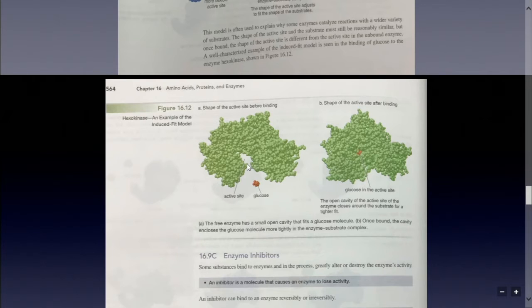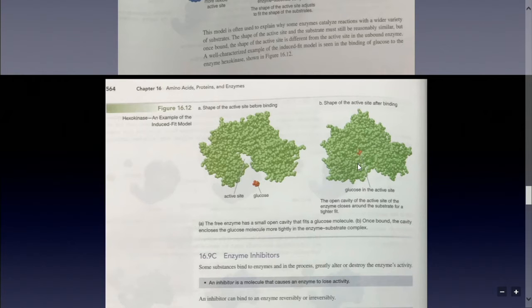The way it works is here's the active site in the middle, and when glucose gets in there, the shape of this enzyme will change and almost bury the glucose inside. And then once that's done, hexokinase can do what it does.